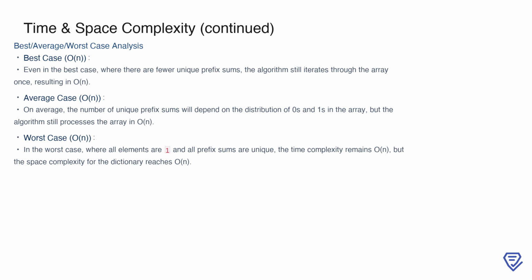Lastly, in the worst case, where the array contains only ones and thus all prefix sums are unique, the algorithm still maintains O(n) time complexity. However, the space complexity reaches O(n) as the dictionary grows to store all n unique prefix sums. Overall, the algorithm consistently maintains linear time complexity regardless of the input distribution.